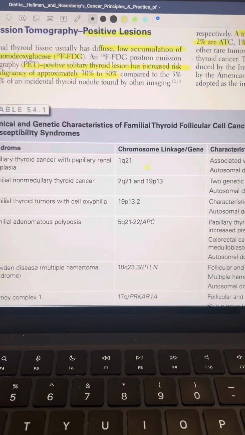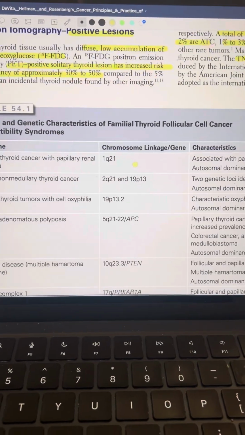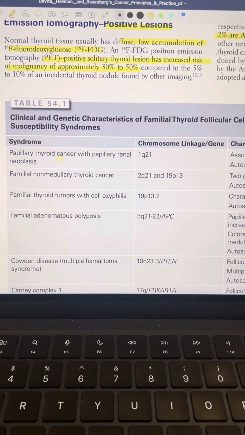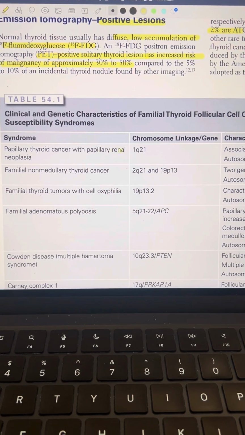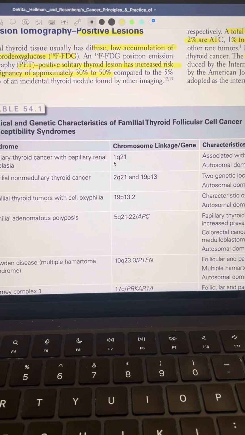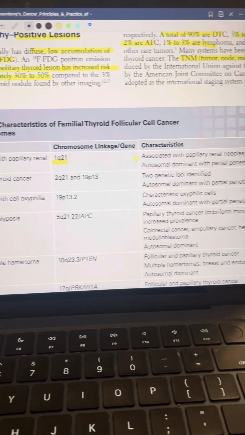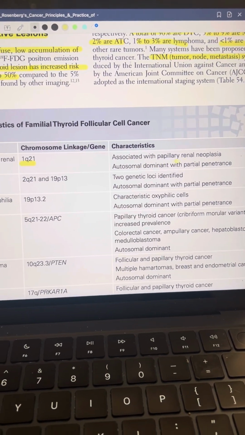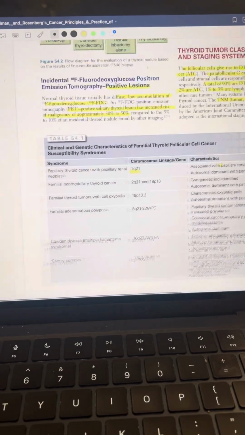Now we will see the genetics and characteristics of familial thyroid cancer. First is papillary thyroid cancer with papillary renal neoplasia, seen on chromosome 1q21, associated with papillary neoplasm, autosomal dominant with partial penetrance.